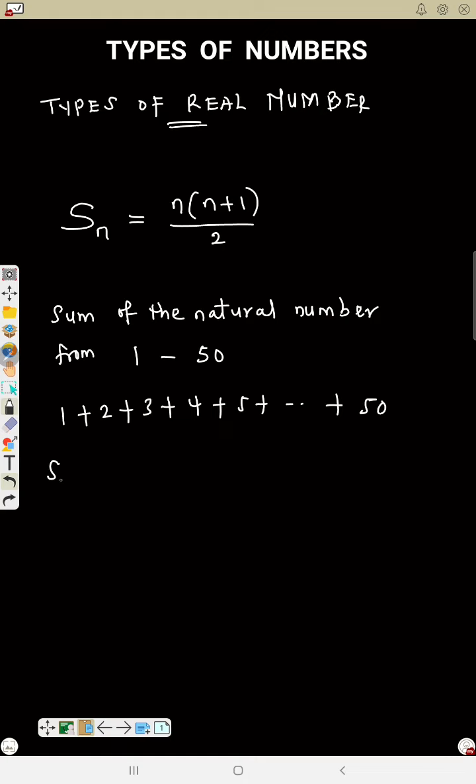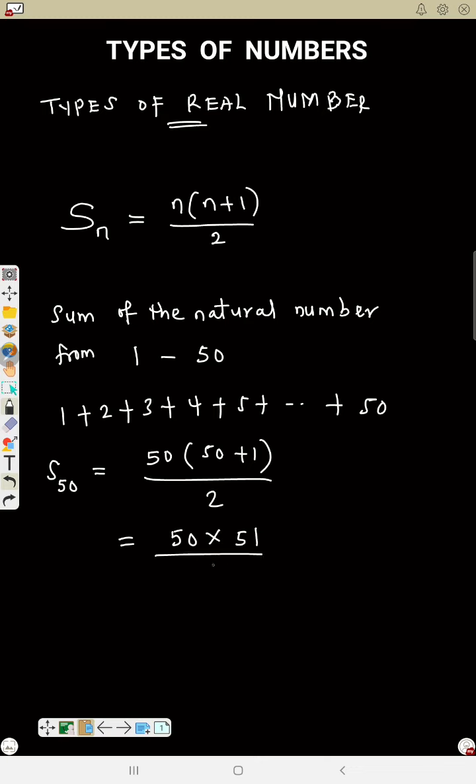The sum will be equals to, the number is 50, so 50 times (50 plus 1) divided by 2, which is 50 times 51 divided by 2. Two here 1, two here 25, so 25 times 51.